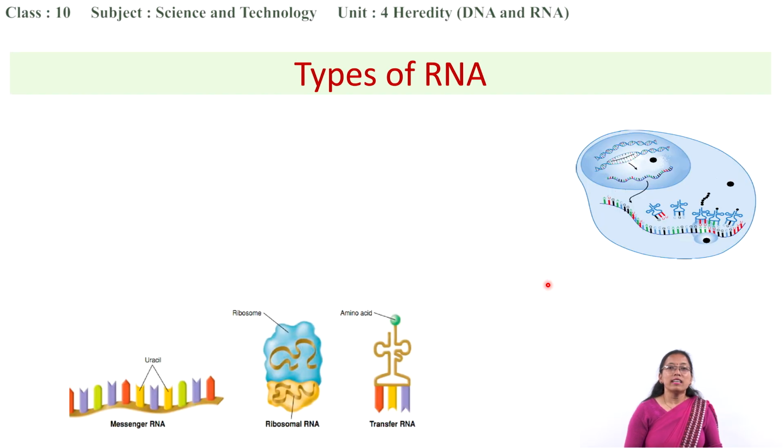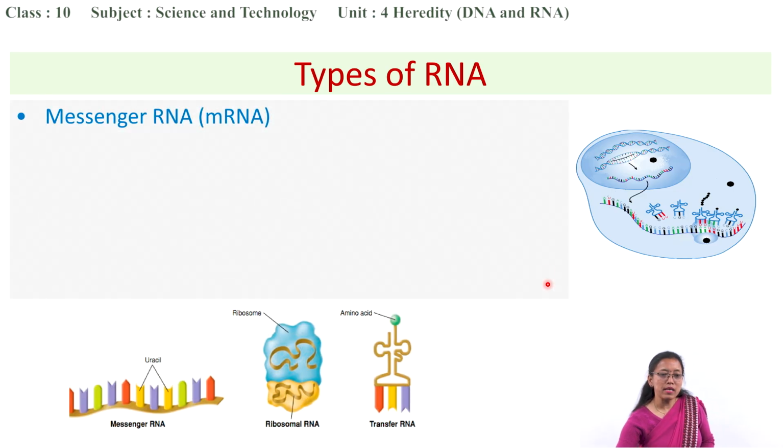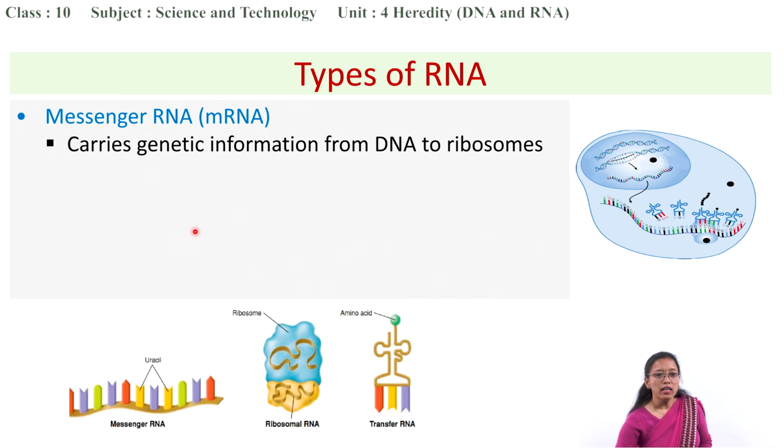Now, there are different types of RNA. What are the types of RNA? There are 3 types of RNA. Mainly, the first is messenger RNA, which carries genetic information from DNA to ribosomes. That means this mRNA is formed from the DNA in the nucleus and it brings the information to the ribosome.